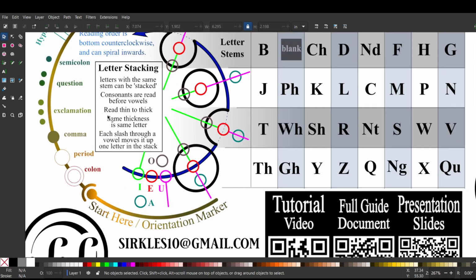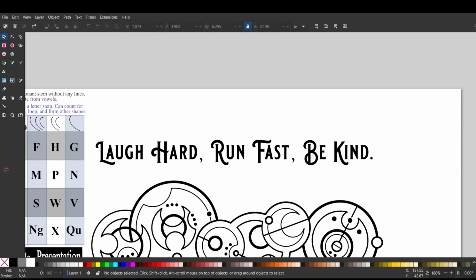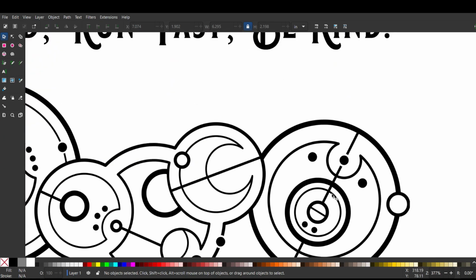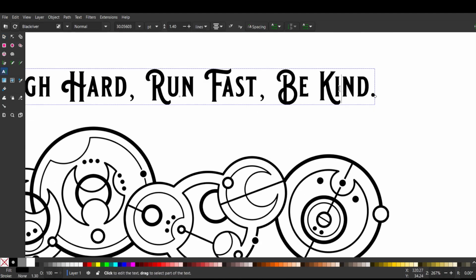But each slash through a vowel moves it up 1 letter in the stack. So this would be K and I, but the I gets moved up 1 letter, so it's K-I-N, because instead of consonants before vowels, we have to move that I up 1 letter because it's got 1 slash through it, so like that.